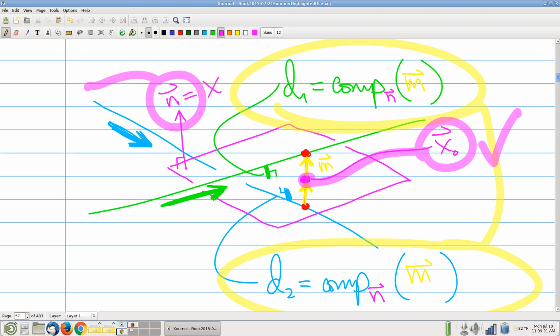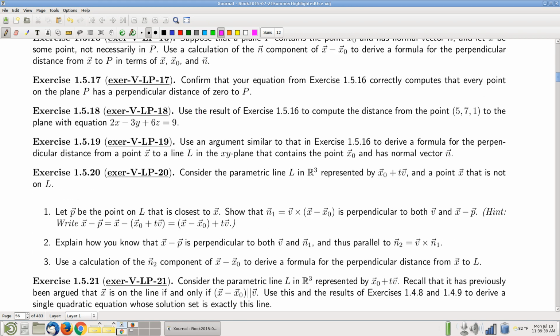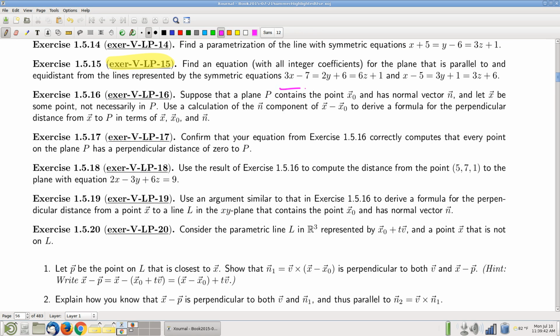And you can choose any points on those two. Well, you could, but it's even easier than that. Let's go back up to the statement of the question. You have symmetric equations. A real handy way to find the direction vector is to just realize that those three things are t, and then from that, solve for x, y, and z.